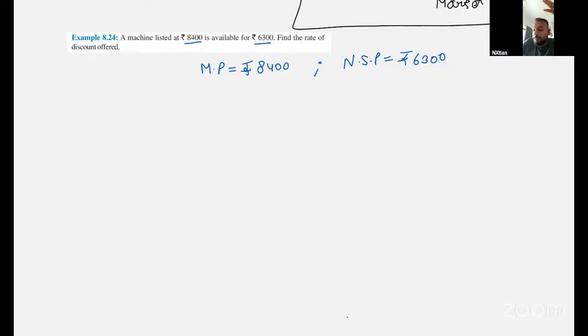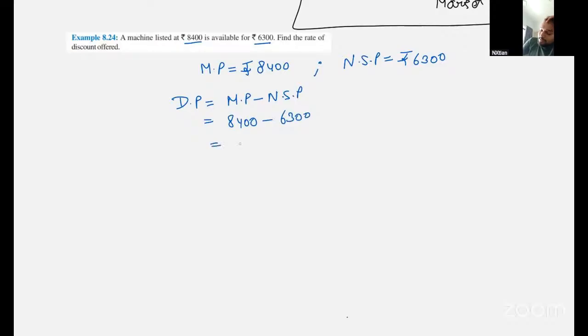It's 300 rupees. In this question also, this is the market price and this is the net selling price. The discount price formula will be market price minus NSP. So market price is 8,400 minus NSP 6,300. If I solve it, what will you get?